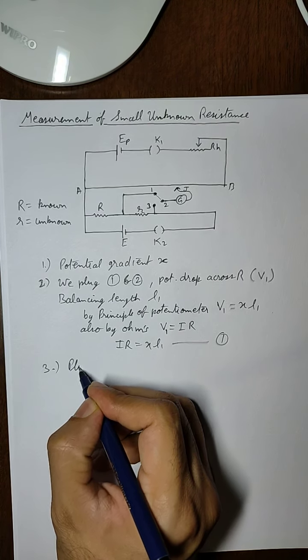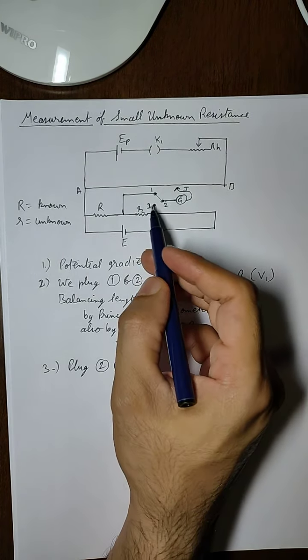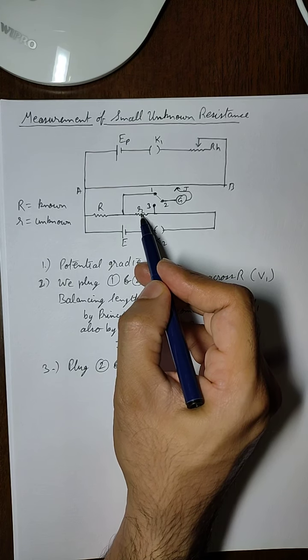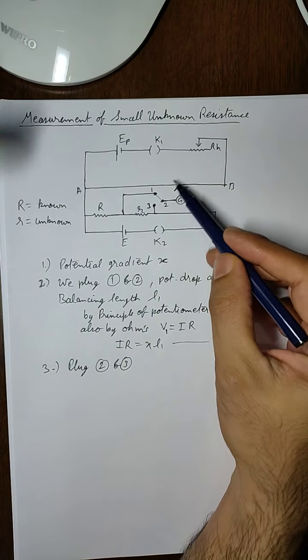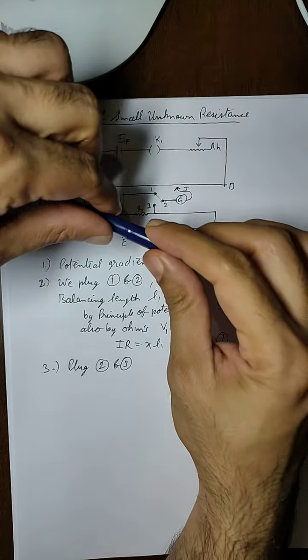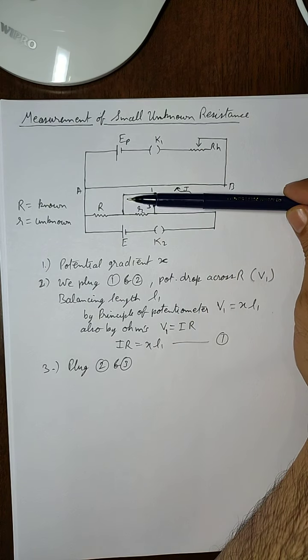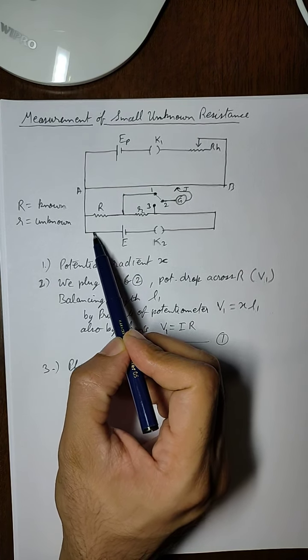Now we plug 2 and 3. Now when we are plugging 2 and 3, then the total resistance is not just R, it is R plus r. As you can see, if we remove this here, then this upper branch goes away, and the current will start from here.